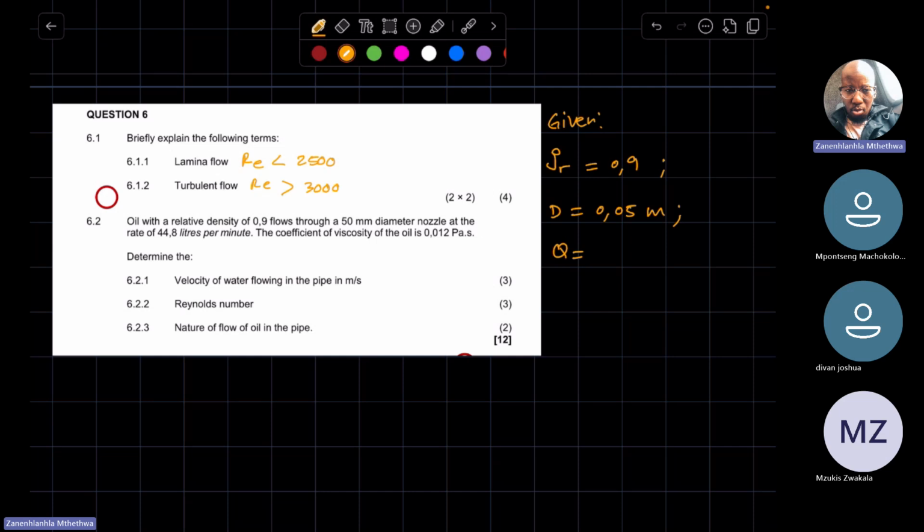You can write it as liters per minute, and then convert it when doing calculations. But it is important to note that the standard unit for Q is cubic meters per second. If you are given any other units, you have to convert them to cubic meters per second.